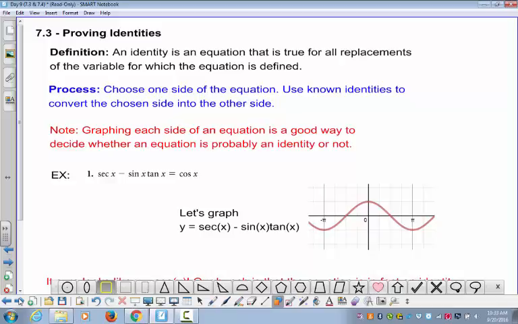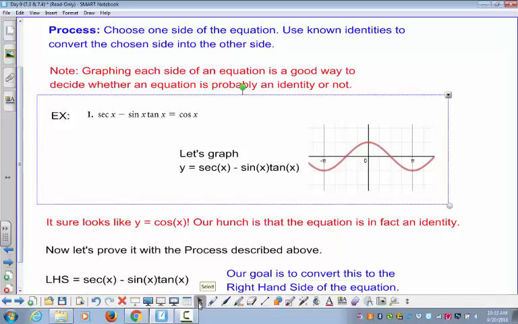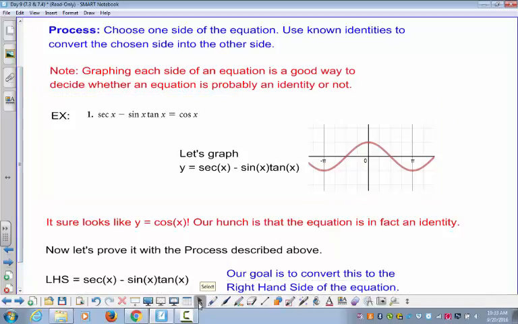Okay, so here's our process. And one thing that these books do that is kind of misleading is that they just put an equal sign there. In math books these days, all equal signs, they're not equal.